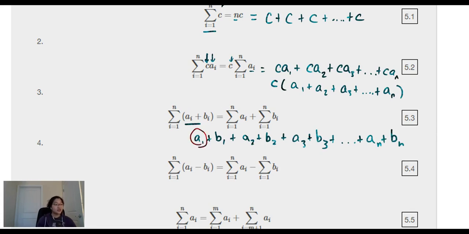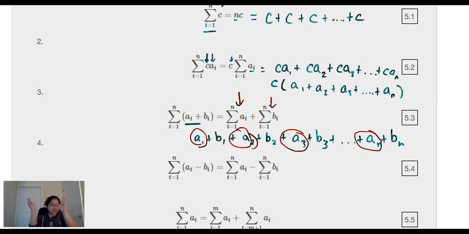So we can use the commutative property of addition and shuffle these around so that we have all the a's in the beginning, and then we have all the b's in the end, and then we have that our sum of our ith terms, a sub i plus b sub i, equals our sum from i equals 1 to n of a sub i plus our sum from i equals 1 to n of b sub i.